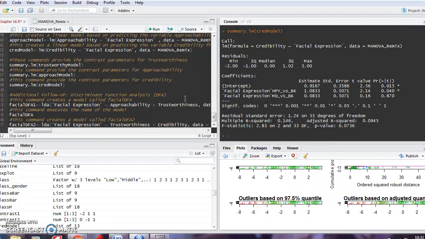In essence, it identifies variates, the combinations of the outcome variables, dependent variables, that discriminate the groups of the different cases that we have.